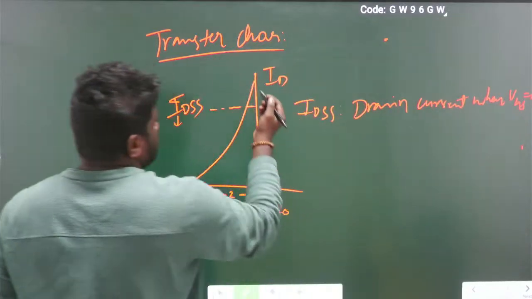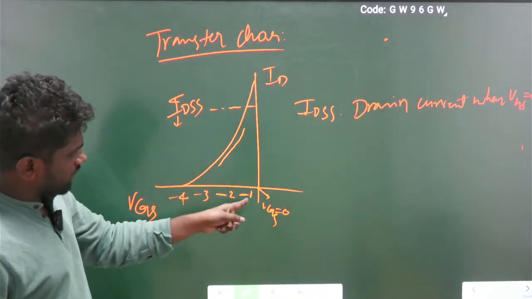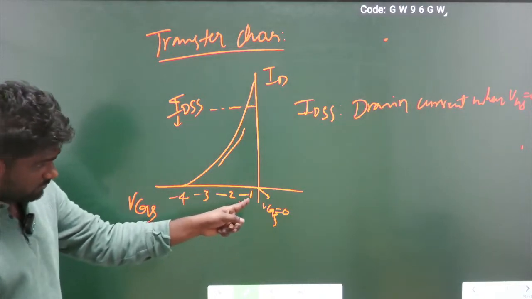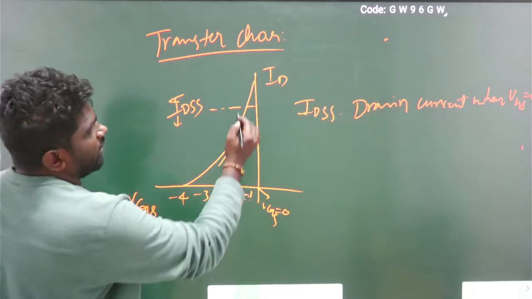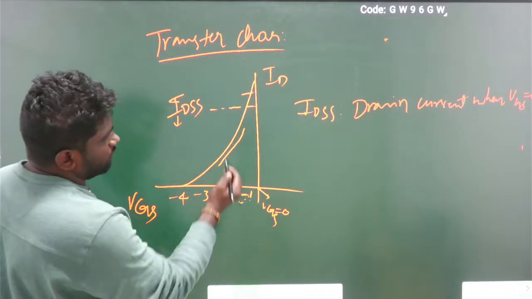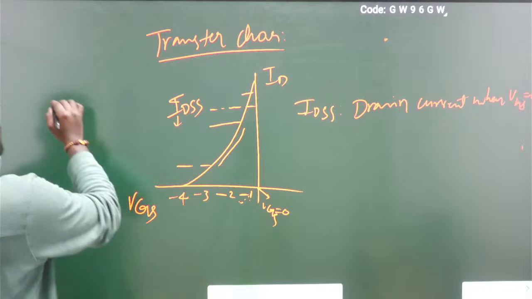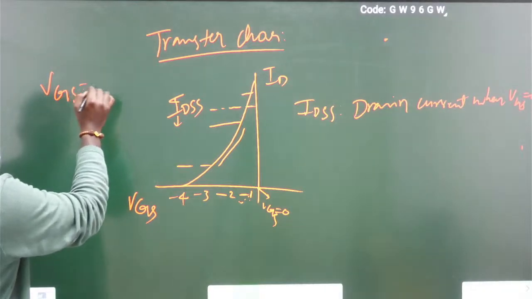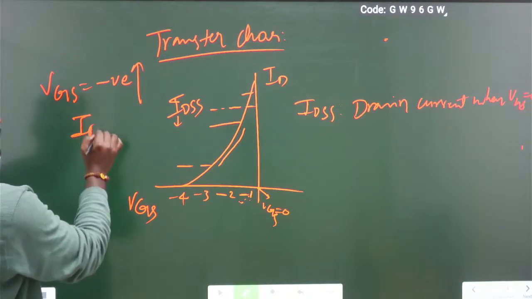Now see, the drain current keeps decreasing as VGS increases in the negative direction. At -1 I have the drain current here, at -2 here, at -3 here. It means whenever VGS is negative and keeps increasing, ID will decrease.